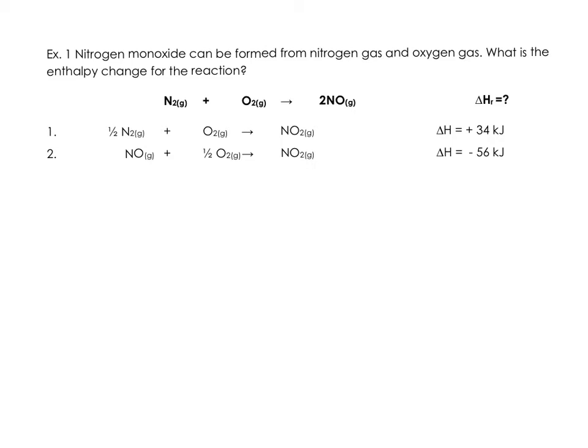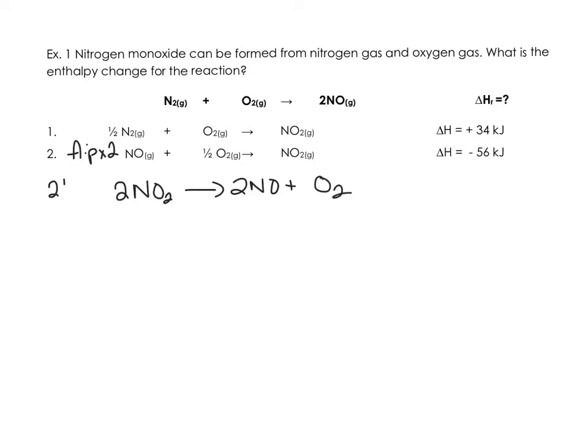So what we're going to do with equation 2, and I like to write it out as 2 prime, is we are going to flip it and we're going to multiply everything by 2 so that we get the correct coefficient. So if we flip this, we now have 2 NO2s, arrow, 2 NOs, and 2 times a half is 1, so an oxygen.